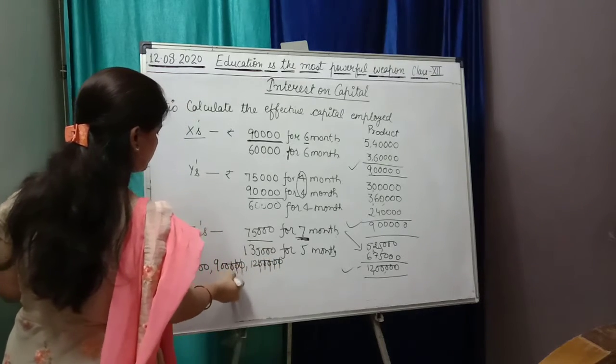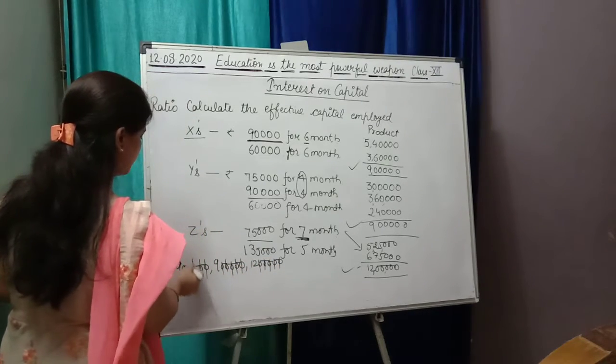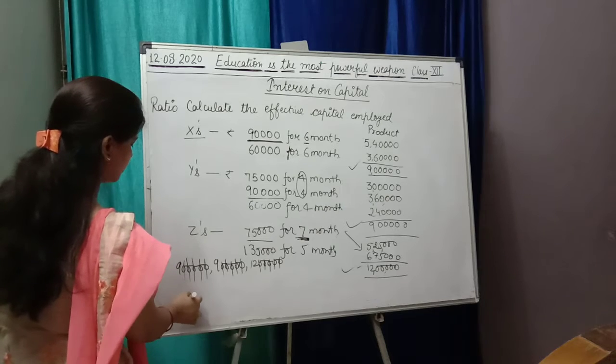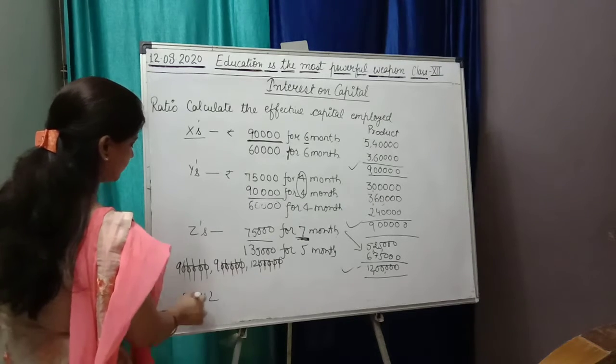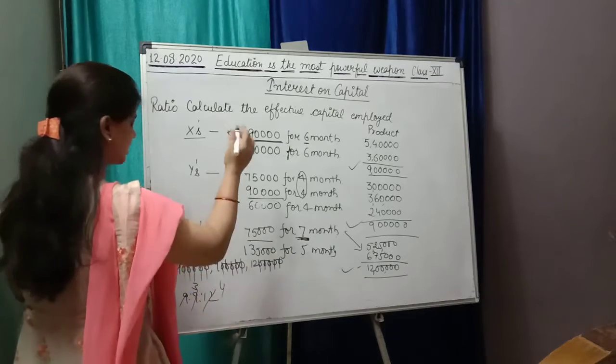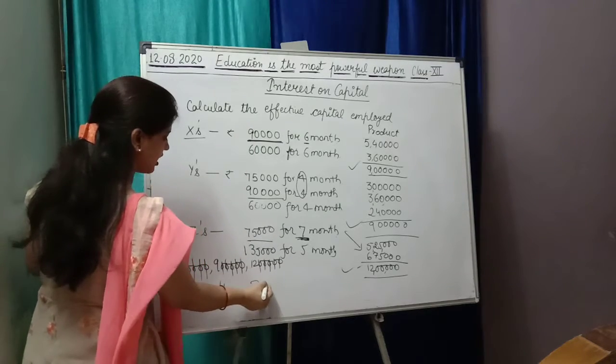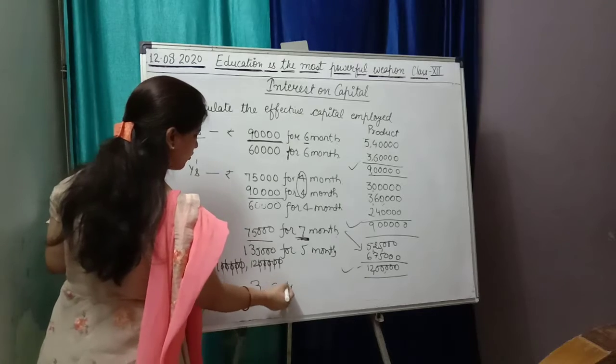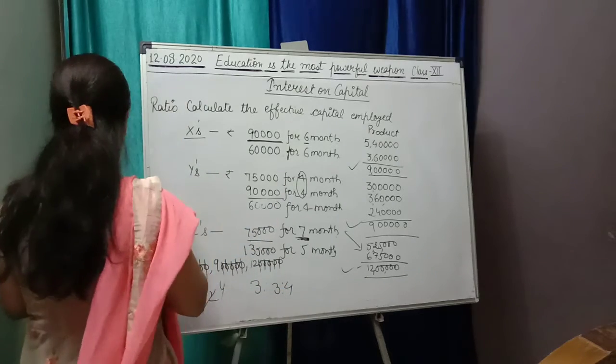So 9:9:12. 3 threes are 9, 3 threes are 9, 3 fours are 12. The ratio has become 3:3:4.